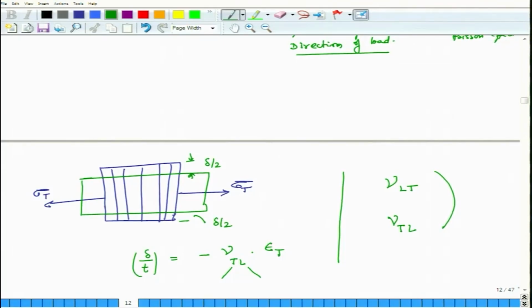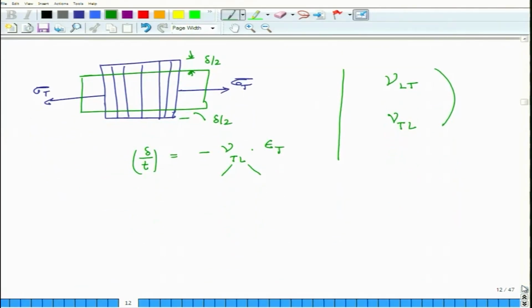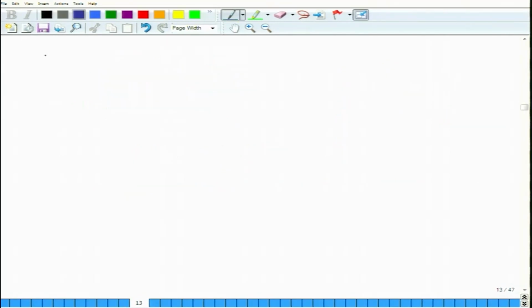What we will learn today is how to compute nu LT. So our focus will be the calculation of nu LT. Let us draw that picture one more time.